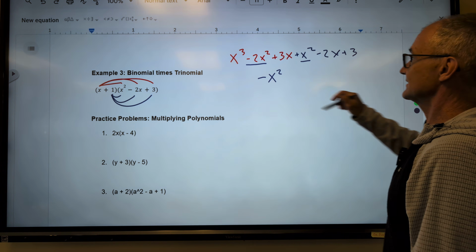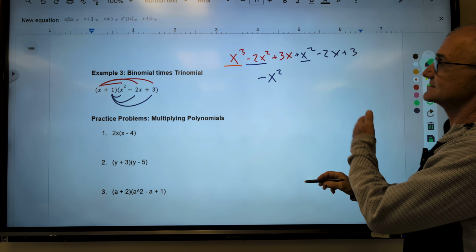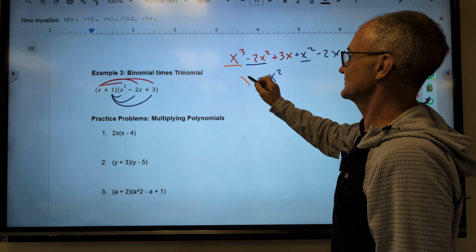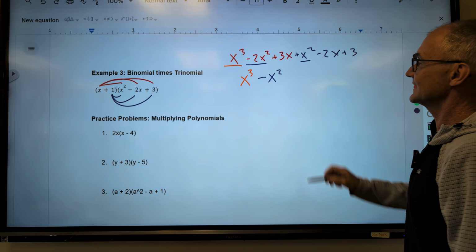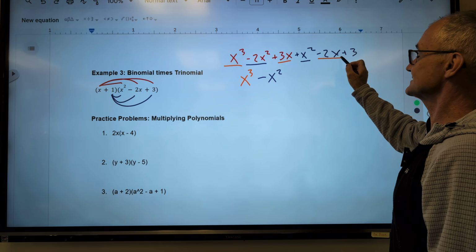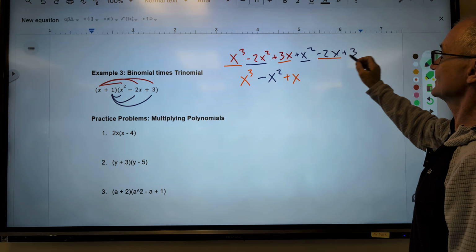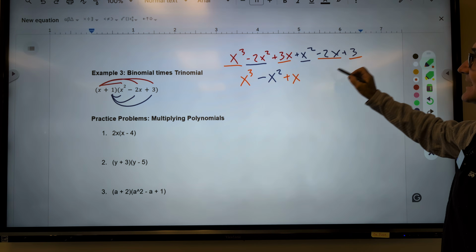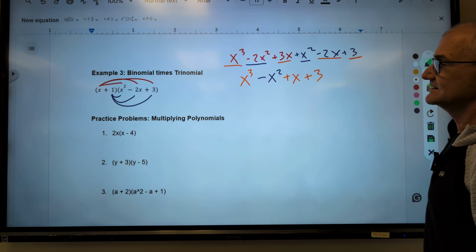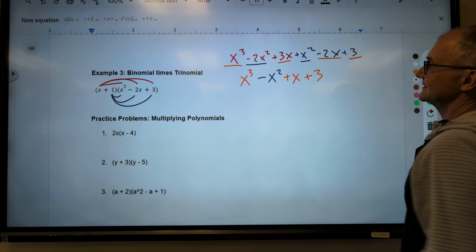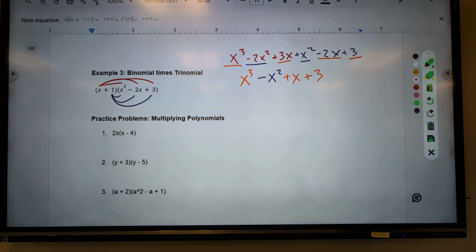This one right here, there's no other x cubed term, so I just put that one by itself. Then my x's, I got 3x minus 2x is 1x. And then the only single number I have is 3. So it is a third degree polynomial.